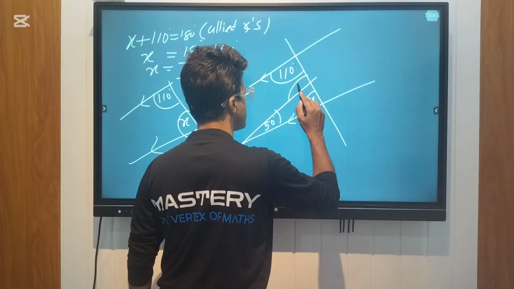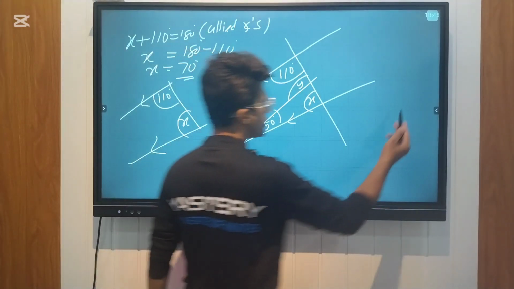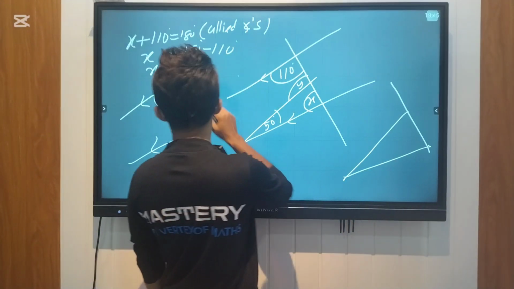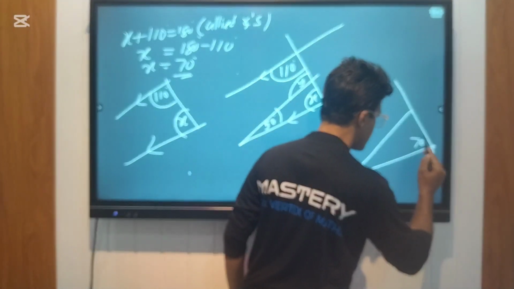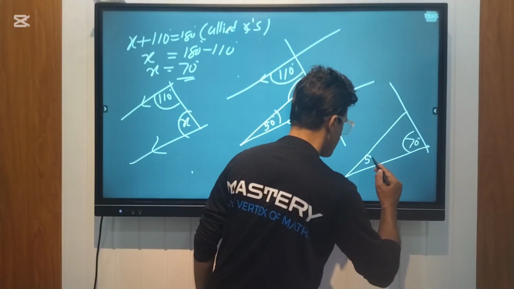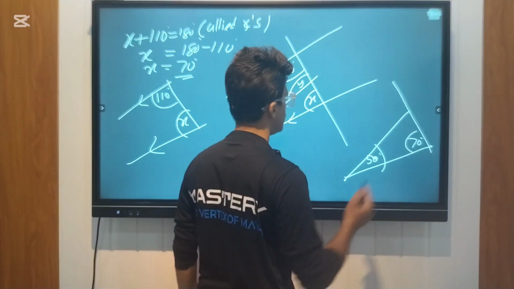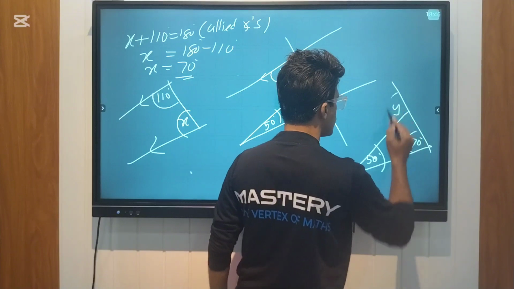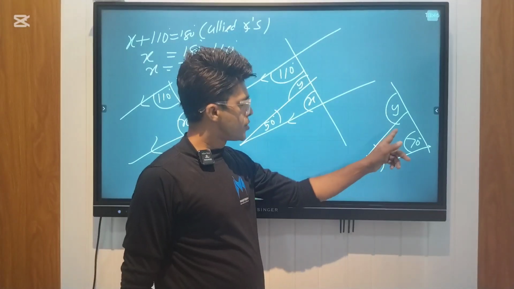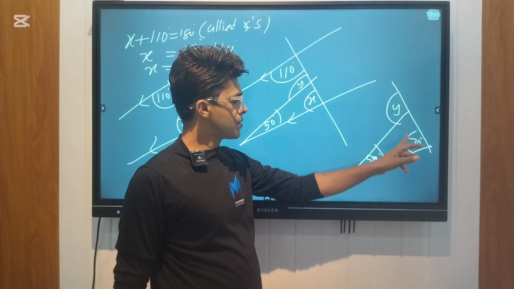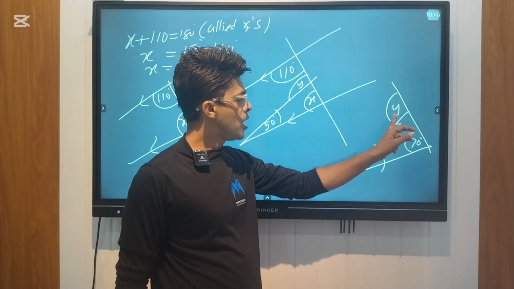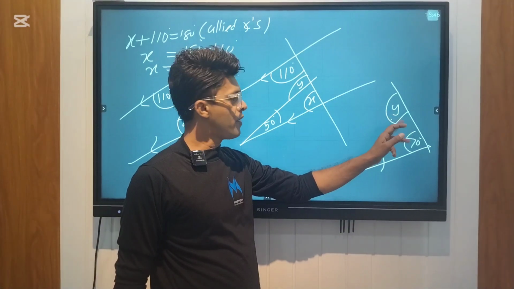Y, we need to get the value of y as well. Think of this one. Here we have the value of x, 70 degrees, written here. Then this angle has been given as 50 degrees. So this is y. How do we get the value of y here? Just think of this triangle: its side has been produced, so this is the exterior angle formed when the side of the triangle is produced.